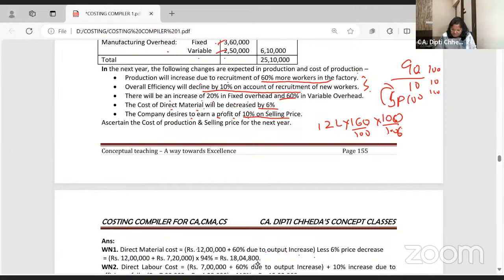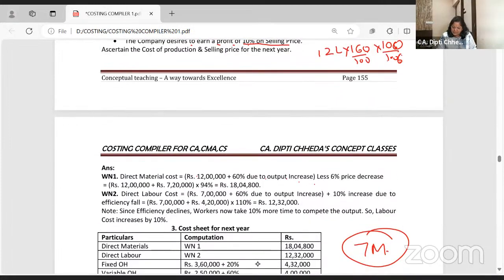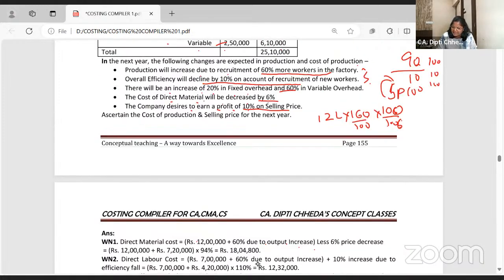Already it is 100, and if it decreases by 6%, you can directly take it as 94%. Whatever cost comes, take 94% of it.